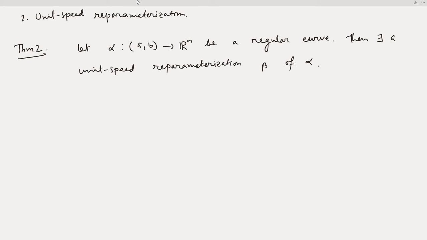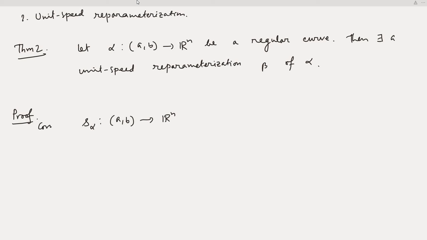Let us prove this theorem. Let us recall the arc length function for alpha, S alpha, with domain (a, b) to R^n.